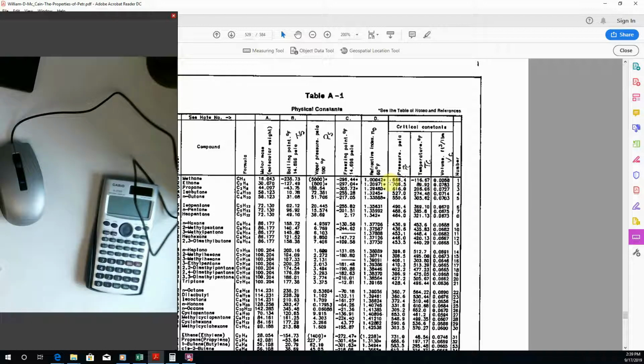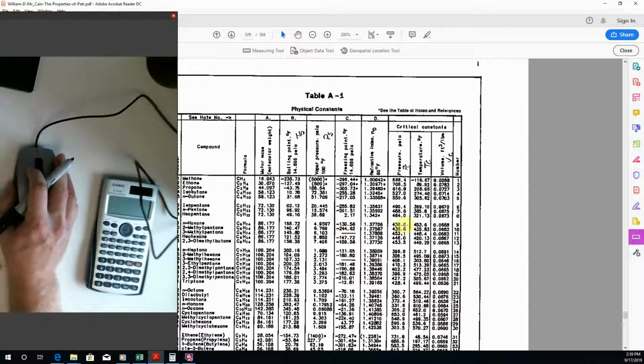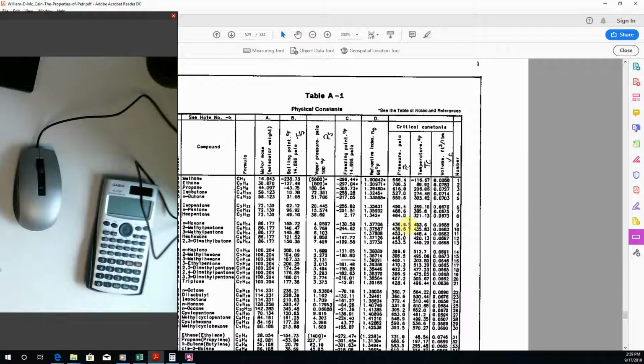I'll write that. And methane is equal to 666.4 psi, and N-hexane is right here. Its pressure is 436.9, p crit of N-hexane.